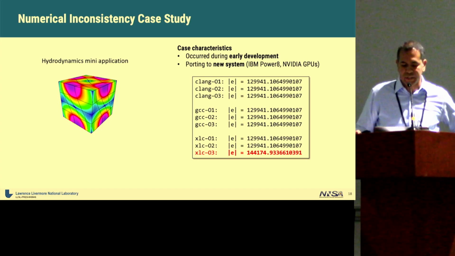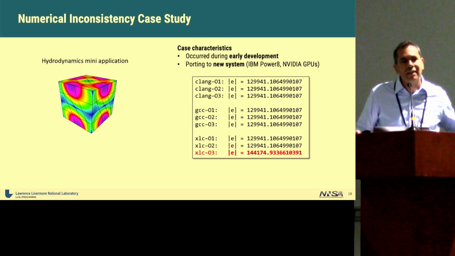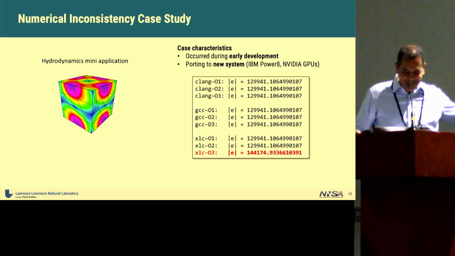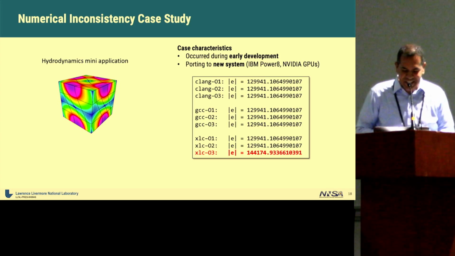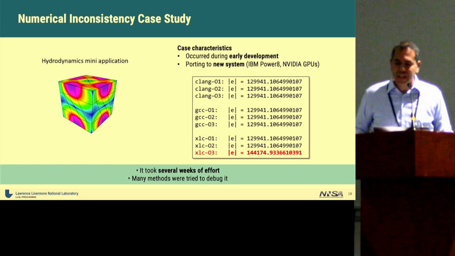But usually those differences are in the last digits. This one was actually in the second digit. It's a huge difference. The code team approached us and we tried to help them. It took a lot of time to debug this problem, several weeks of effort.